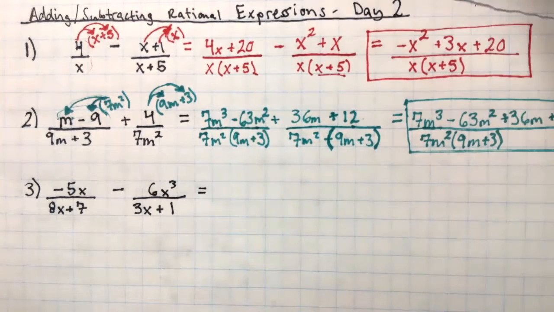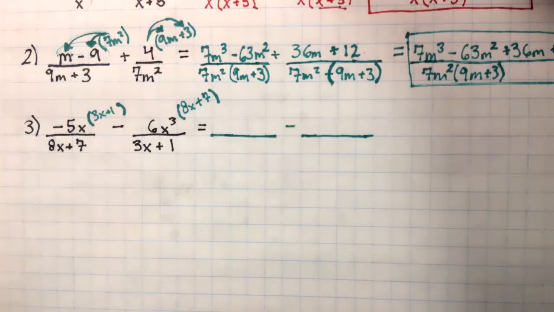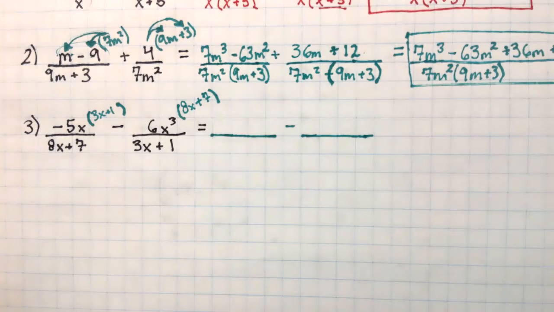So I think I'll give you a couple minutes to try this one on your own first. The key here is, again, just setting up these new fractions. Find the common denominator, multiply the fractions out, and then combine like terms. It's really the process. All right, hopefully that was enough time to try this one by yourselves.